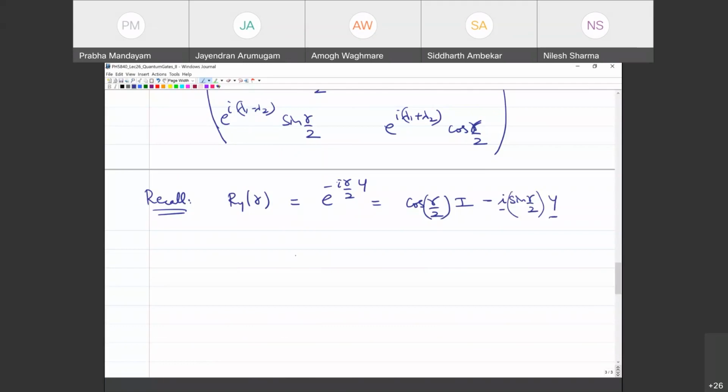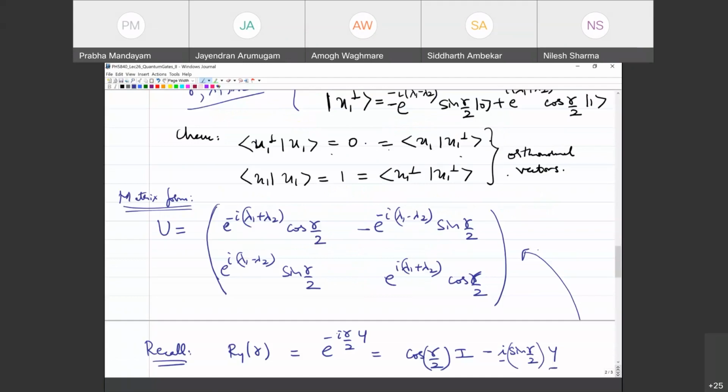Okay, so what matrix is this? Yes, you just read off the entries of this matrix. So this is exactly cos gamma by 2, minus sine gamma by 2, sine gamma by 2, and you see this form is already here, right?